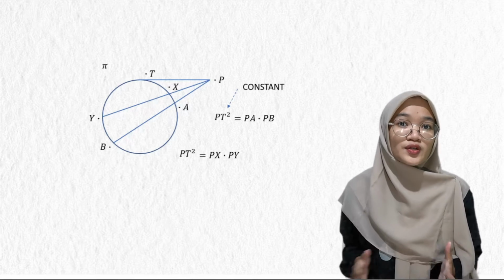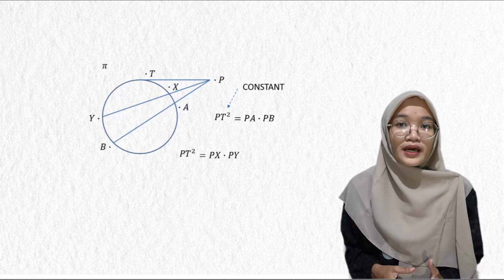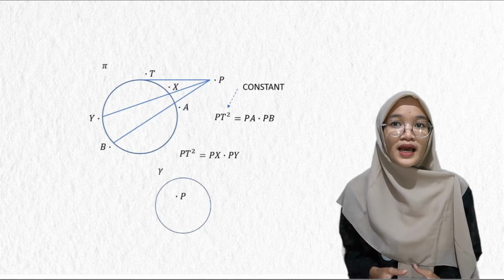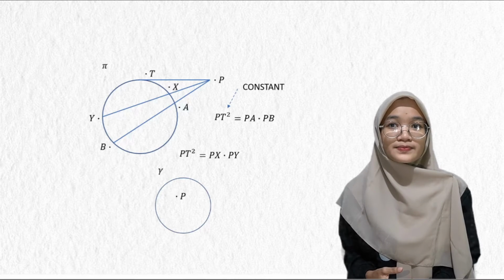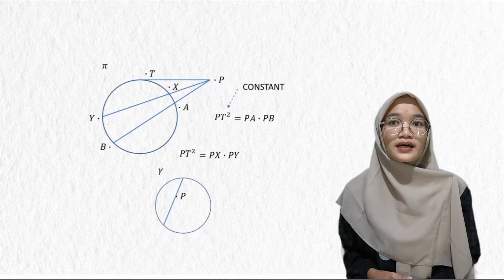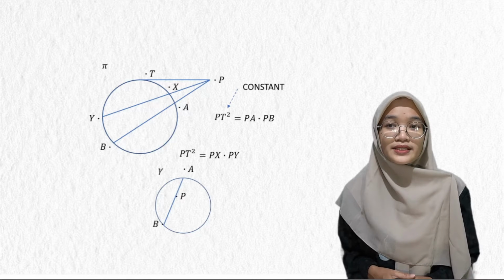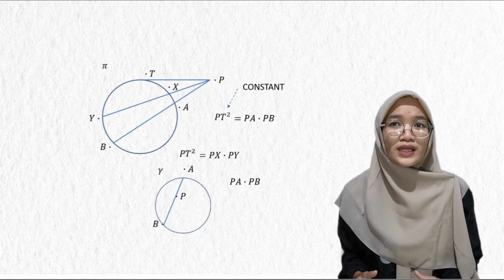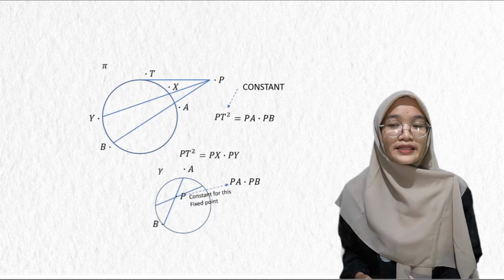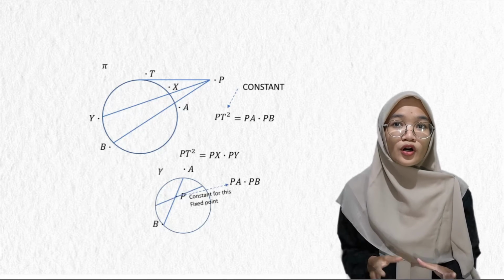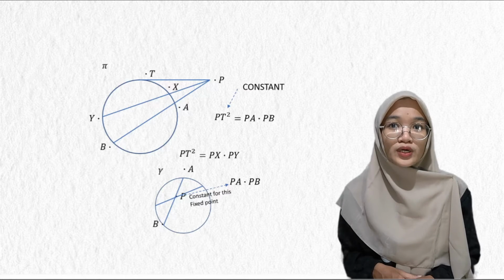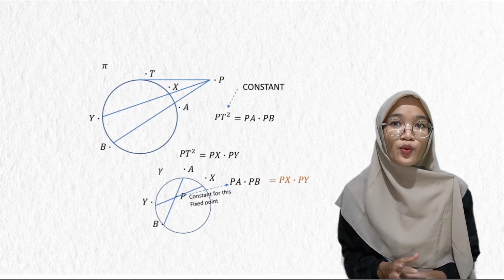If we take a circle gamma again, and a point P inside the circle, and I draw a chord like this, suppose this is A and this is B, then PA times PB is again a constant for this fixed point P. It means that if you take any other chord passing through P, let's say XY, then this will be equal to PX times PY.